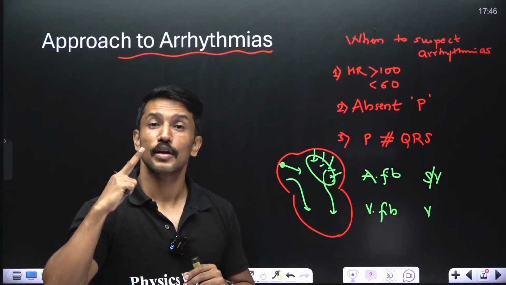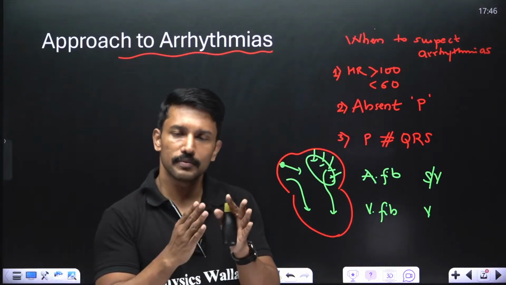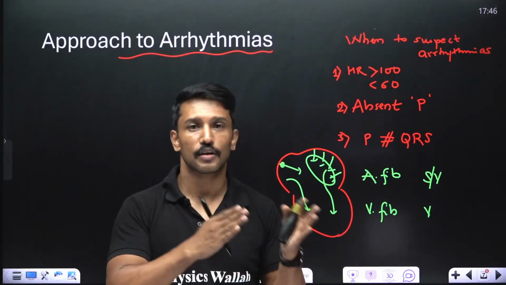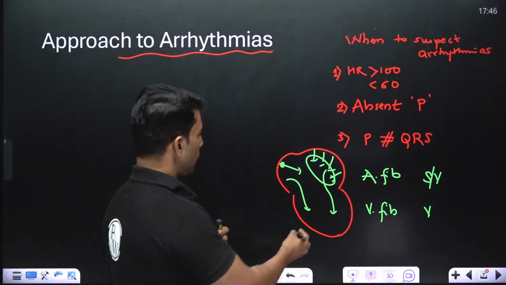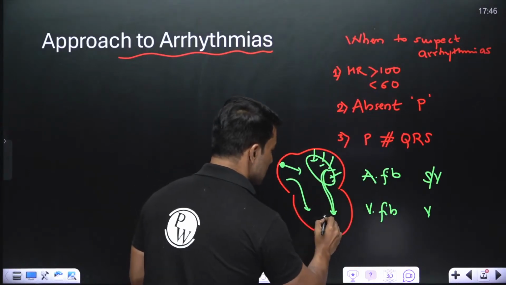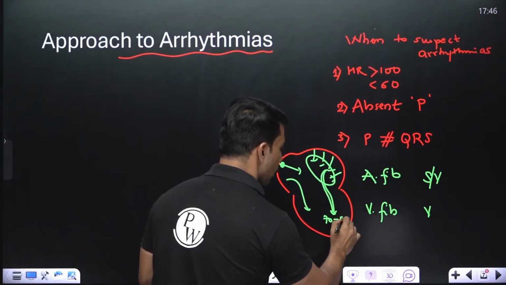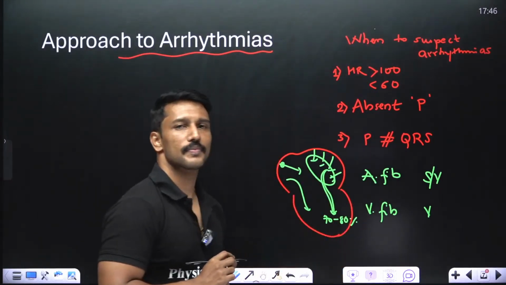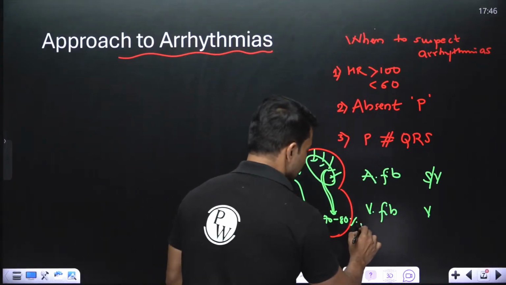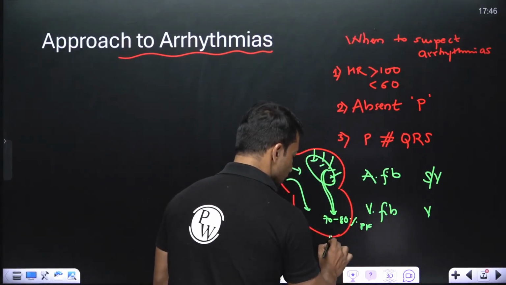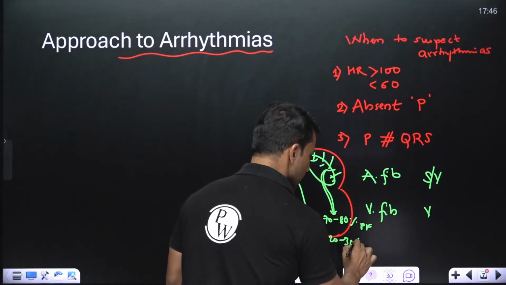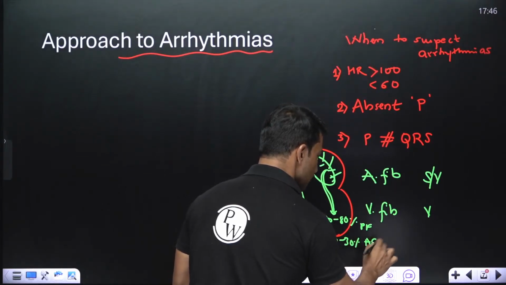It happens in two phases. One of them is passive filling and the other one is active filling. Passive filling accounts for 70 to 80% of ventricular filling, and 20 to 30% of the blood that I fill into the ventricle happens through active filling.